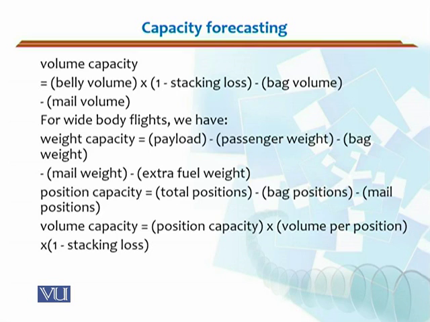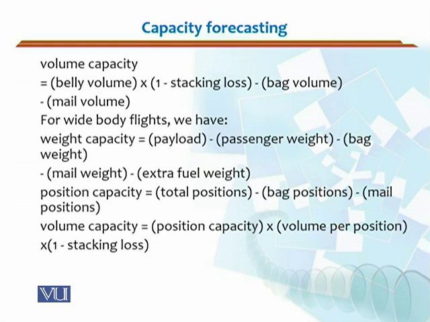And the volume capacity would be calculated as position capacity multiplied by volume per position multiplied by 1 minus stacking loss. So in wide body planes, belly volume is not used. Instead, the positioning of that cargo is used. Why is that?